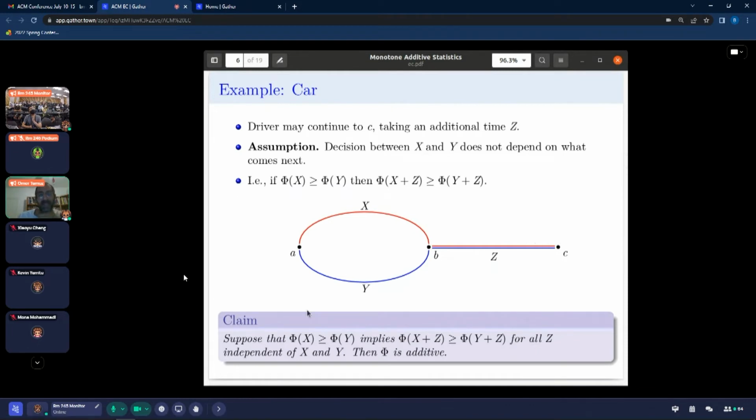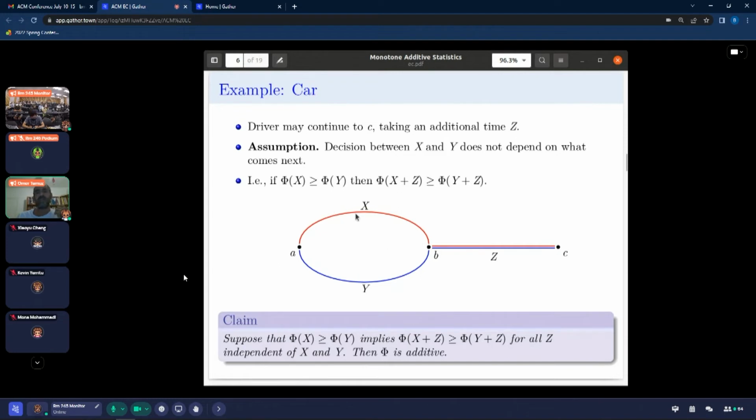So this claim says, suppose that phi of X is bigger than phi of Y implies that phi of X plus Z is greater than phi of Y plus Z for all Z that are independent of X and Y. Then phi is additive. It somehow means that if I add some extra noise or some things that happen in the future, that shouldn't change my decision now. So this is the sort of thing that additivity captures. If you want to think about this in the self-driving car algorithm context, if I tell the car to take me from A to B, it doesn't care whether afterwards I want to continue to C or not.